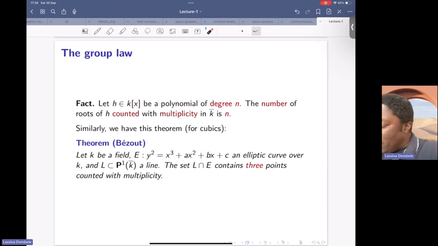If you have a field K and you have an elliptic curve over it, and you take a line in the projective plane, P2, then this line would intersect the curve at 3 points.